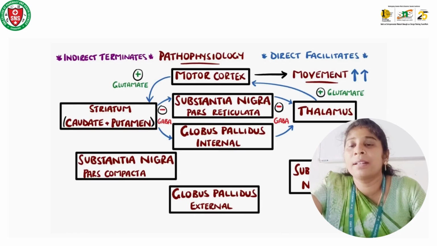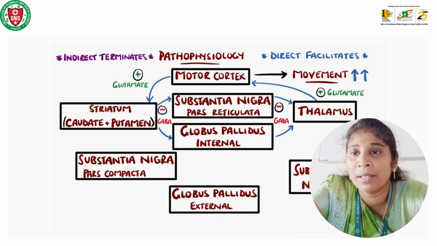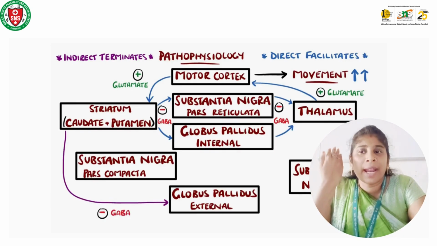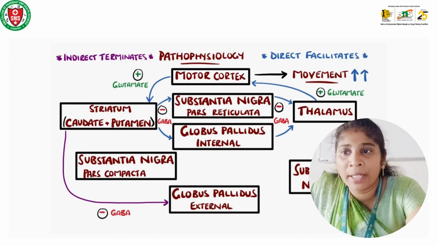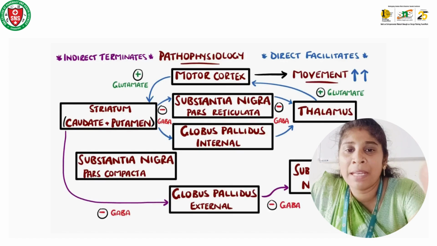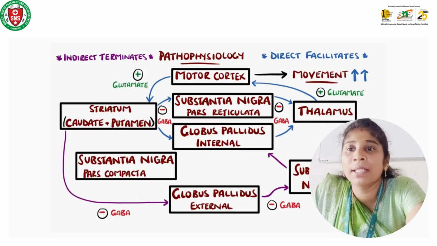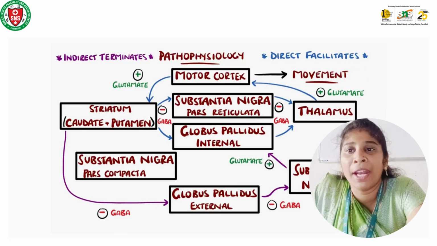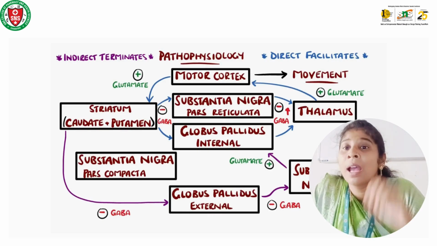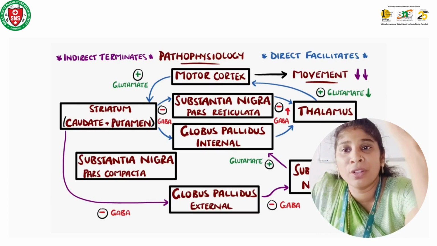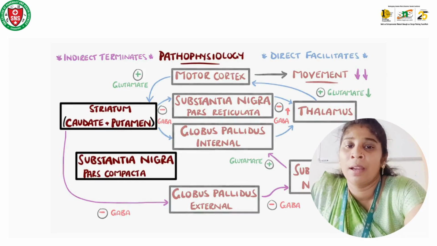And here, coming to the pathophysiology of the mechanism, from the motor cortex to the striatum, that is caudate and putamen, glutamate will be excited, and from the striatum to the globus pallidus and substantia nigra, GABAergic neurons will be excited, and from the globus pallidus internal to the thalamus, again GABA will be excited, and from the thalamus to the cortex again, glutamate will be excited.